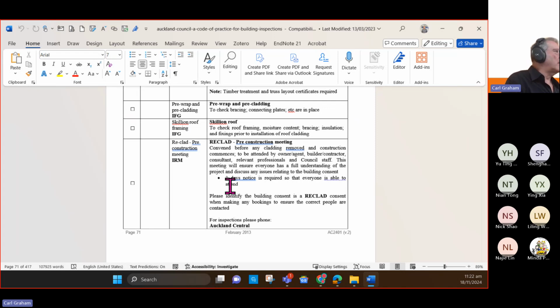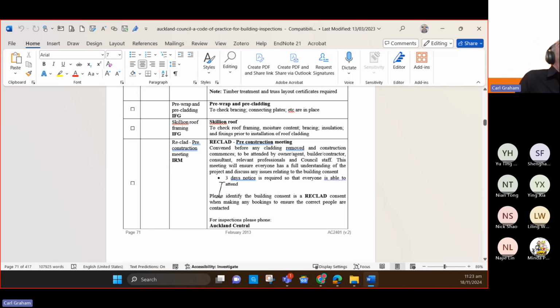So that's just the pure function of a new build, right? Then you had another team of 12 or 15, and they are in the reclad team. They are guys that may have been inspectors and decided, I just want to be part of this reclad team. So it's got nothing to do with the function of a BCA. This is a function of a TA.